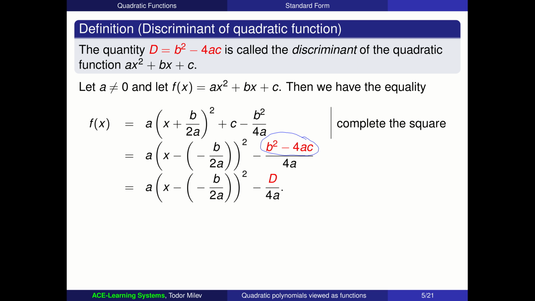So I'm going to name it the discriminant, and denote it with a capital D. Once again, I'm going to declare b squared minus 4ac to be the discriminant of the original quadratic, ax squared plus bx plus c.